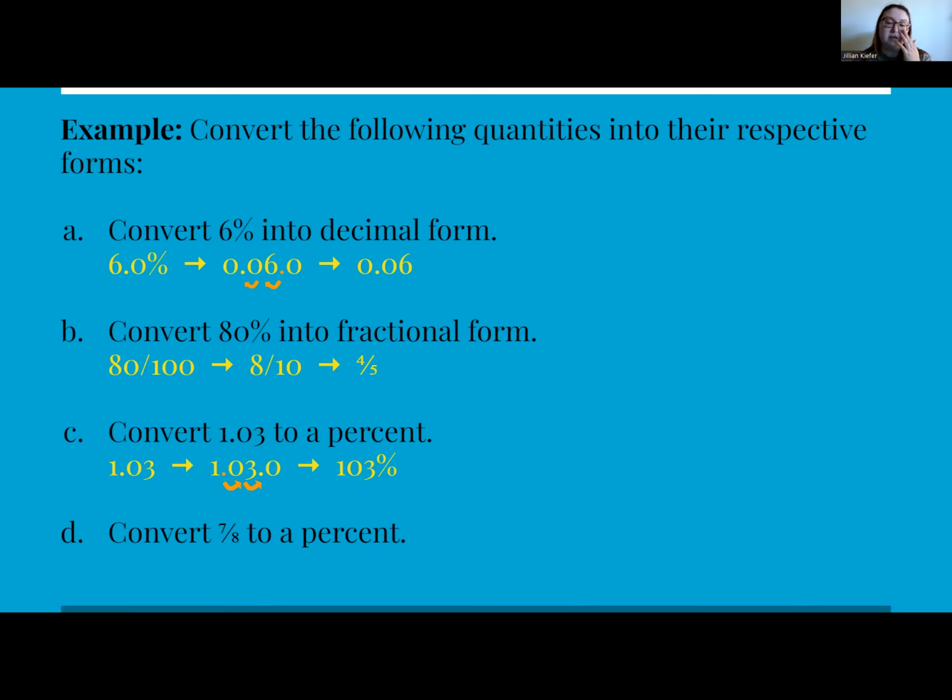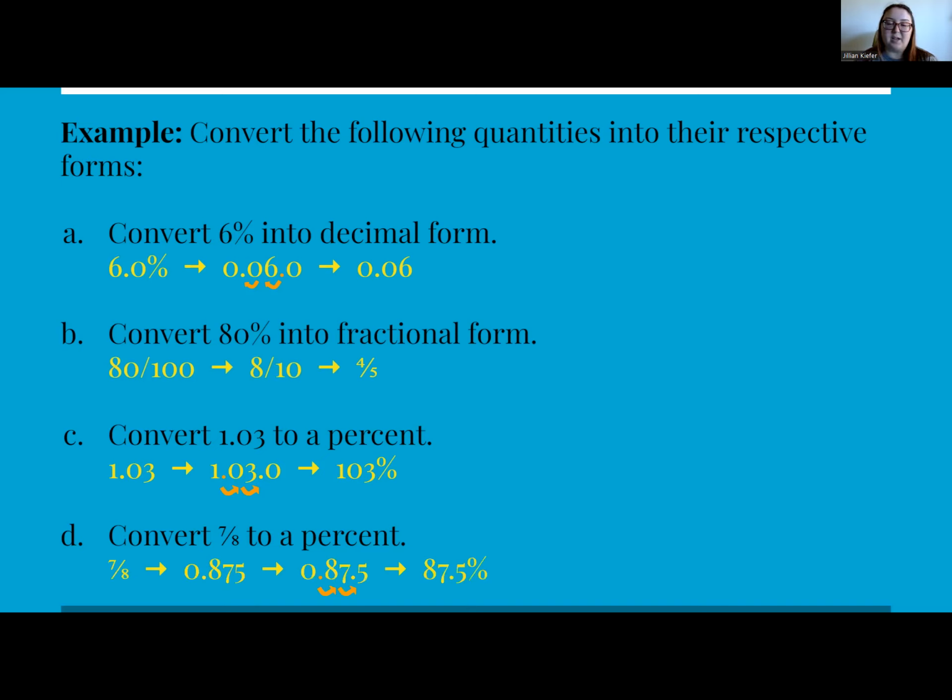Then lastly, convert 7 over 8 to a percent. So now we're changing from a fraction to a percent. The first thing we want to do is change 7 over 8 to a decimal. So that becomes 0.875. And then we take our decimal point and move it 2 spots to the right and add a percent.